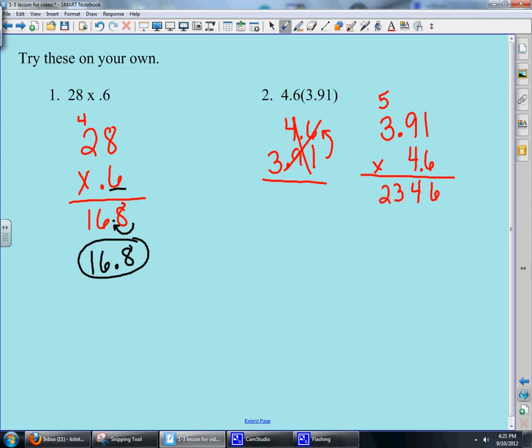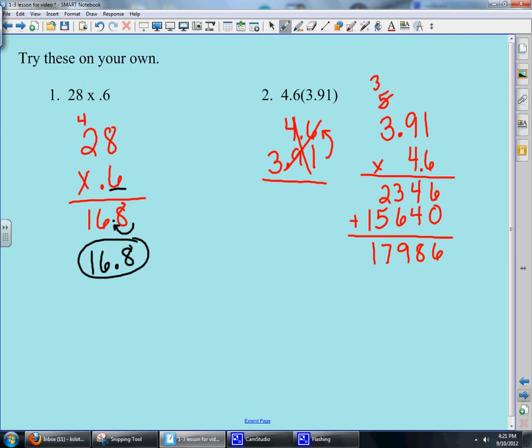Since we're going to the second digit, we're going to add a 0. 4 times 1 is 4. 4 times 9 is 36. We write down the 6 and we carry the 3. 4 times 3 is 12, plus 3 is 15. Now we're going to add these together. 6, 8, 9, 7, 1.